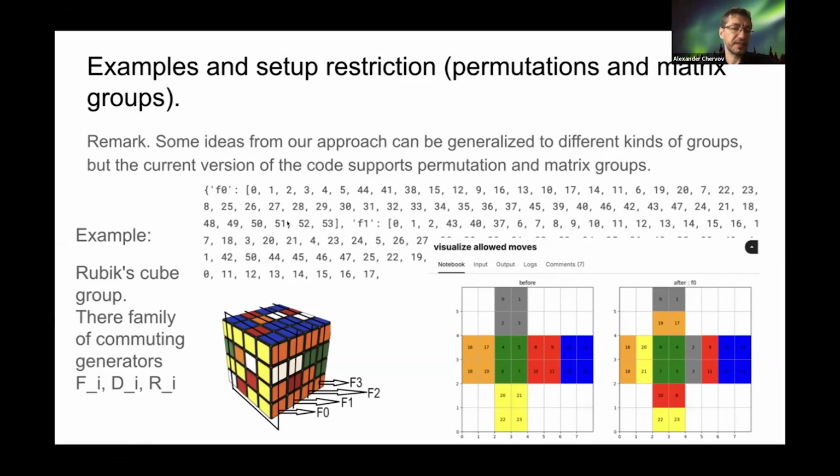For the Rubik's cube, there are well-known families of generators which correspond to rotations of slices. If slices are parallel to each other, obviously the generators commute. So in the Rubik's group, we have three families of commuting generators, and each generator has order 4 in its family. But the group itself, of course, is quite huge and non-commutative.